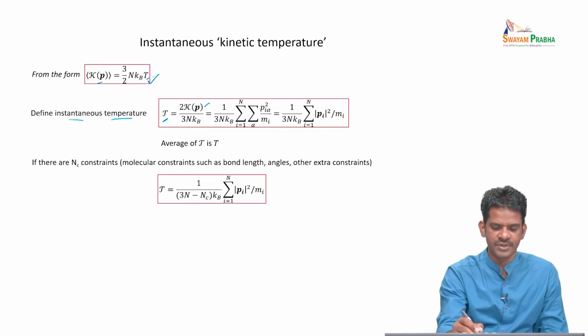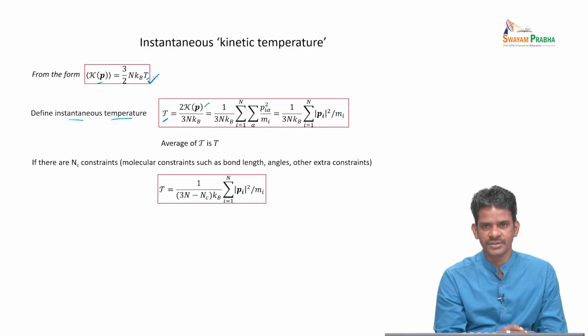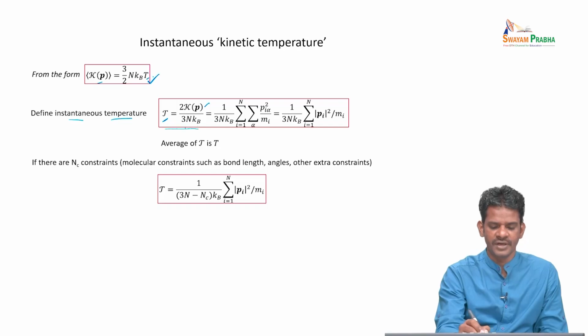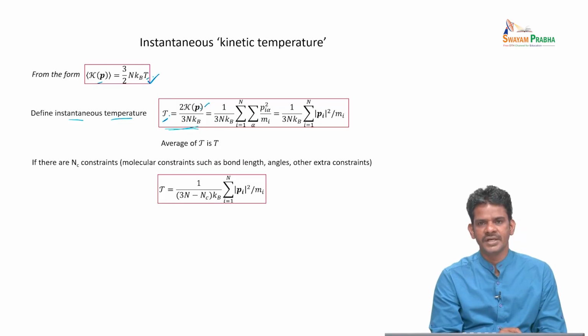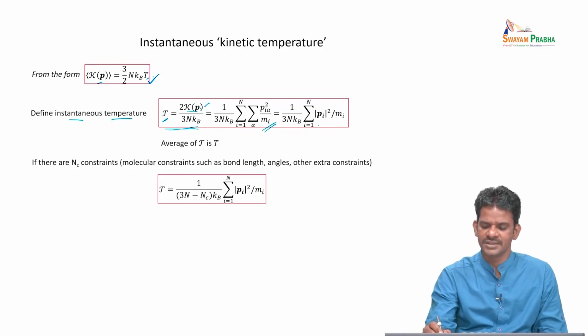The two expressions are the same. The only difference is that here we are talking about average kinetic energy and relating it to the thermodynamic temperature, whereas in here we are taking instantaneous kinetic energy and relating it correspondingly to an instantaneous temperature. And again you can substitute for the kinetic energy in terms of momenta, and you can also write it in a simpler notation.